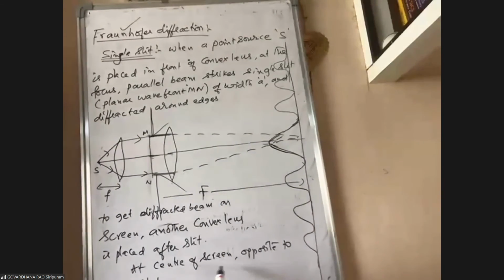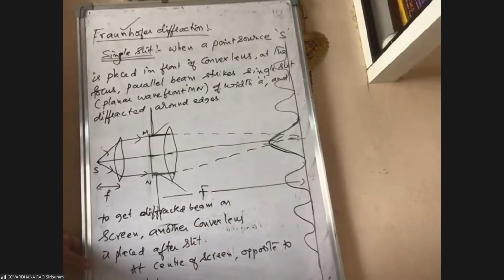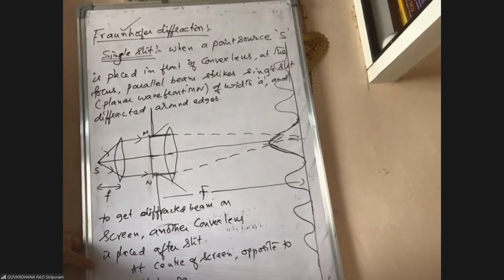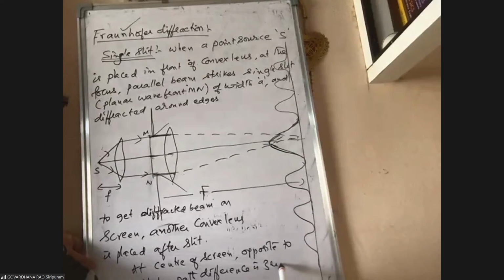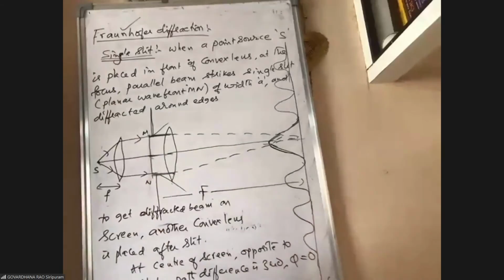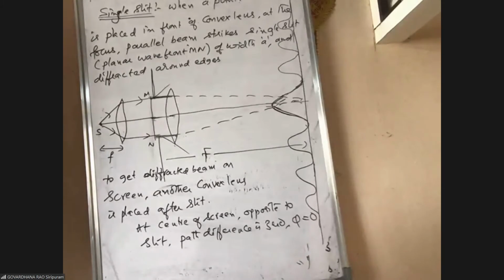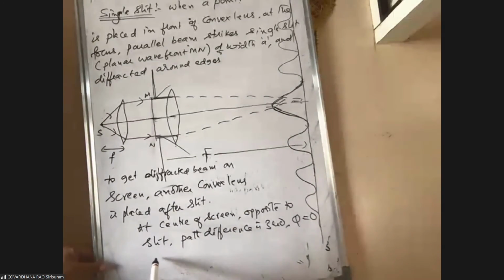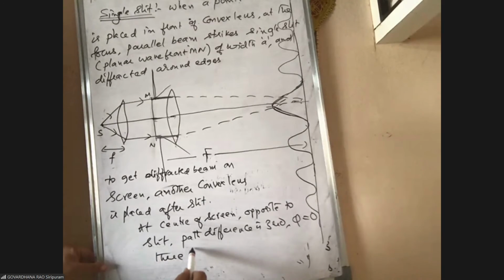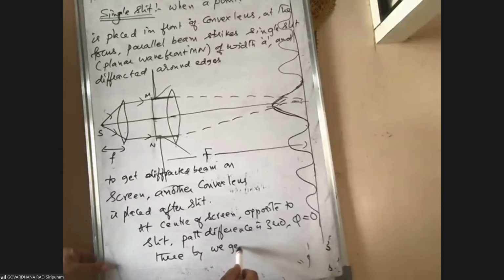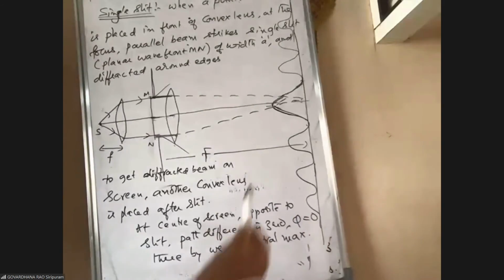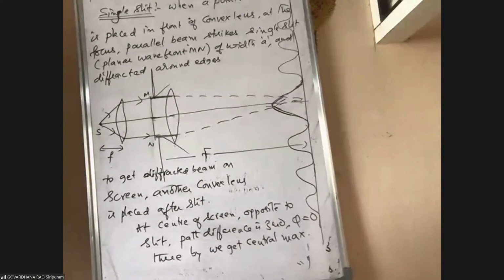So at the center of the screen, opposite to the slit, path difference is 0, so phase difference is 0. Thereby we get the central maxima.